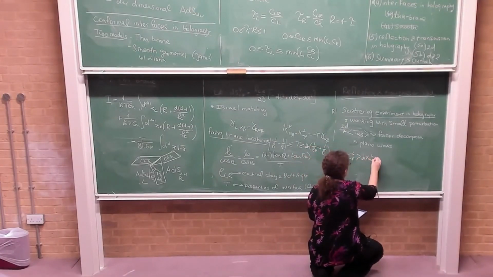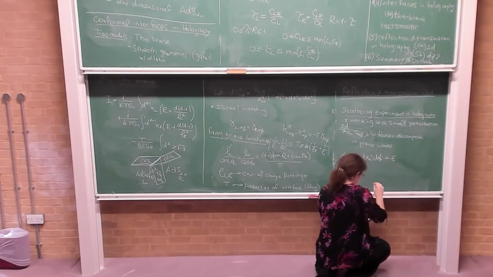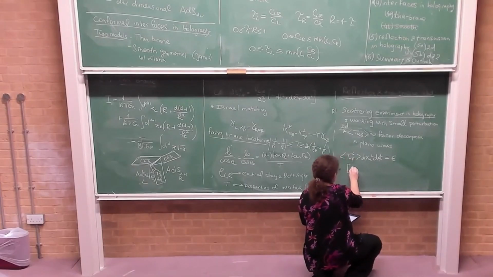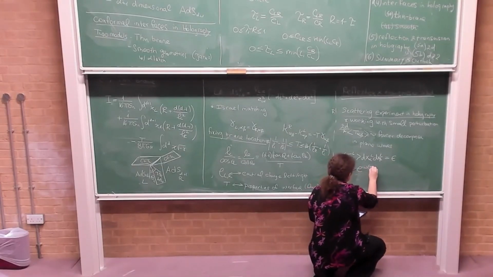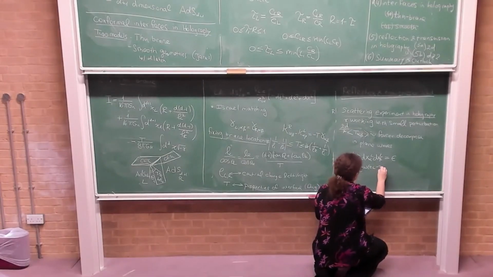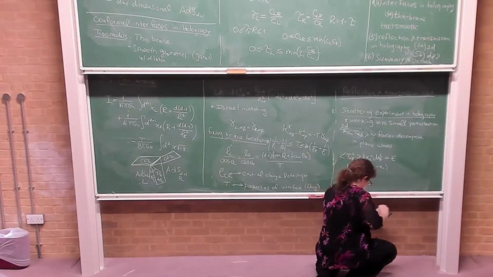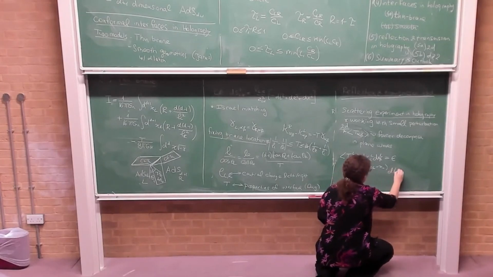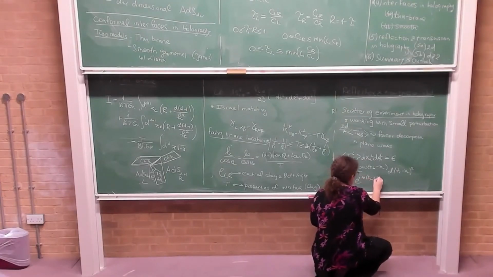T_{αβ} dx^α_left dx^β_left is epsilon, just to say that the perturbation is rather small, times the incident energy, e^{iω(t_left − x_left)}. That's the incoming perturbation at the speed of light. dt_left − dx_left squared, plus e^{iω(t_left + x_left)}.